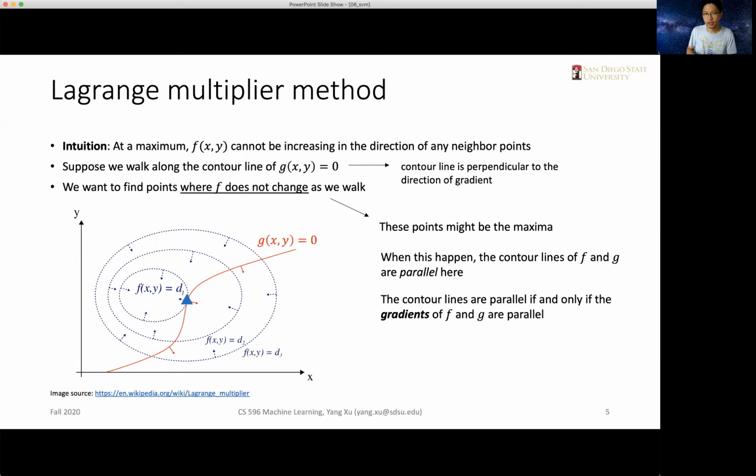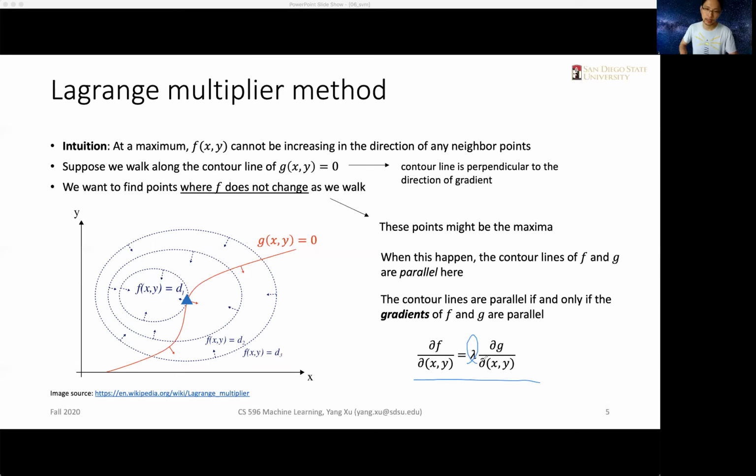We think of the gradient as a vector, because in this example the variable of the function is a vector of two components, x and y. The gradients of f and g being parallel means this equation should be satisfied: the gradient of f with respect to x and y should be some scalar number times the gradient of g with respect to x and y.